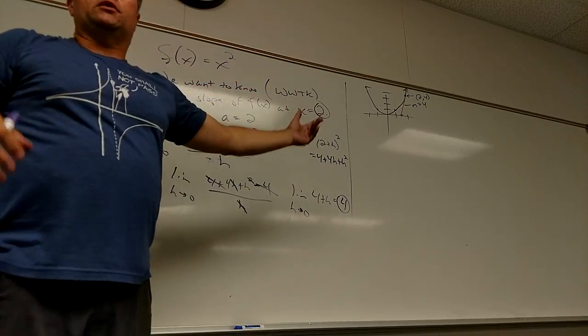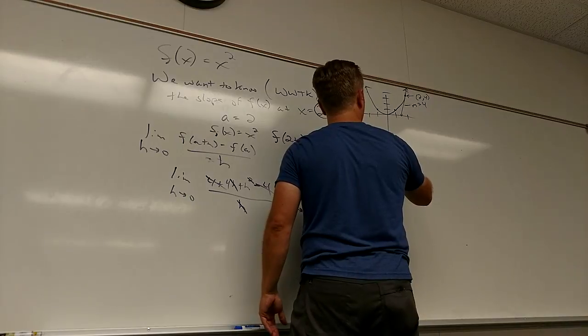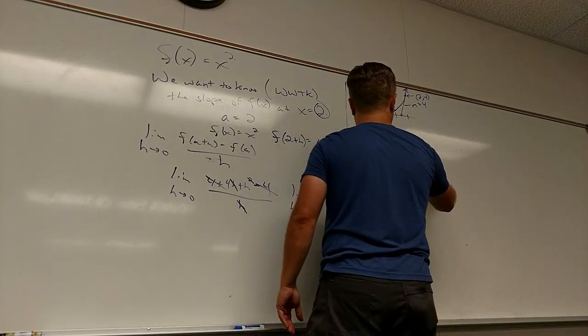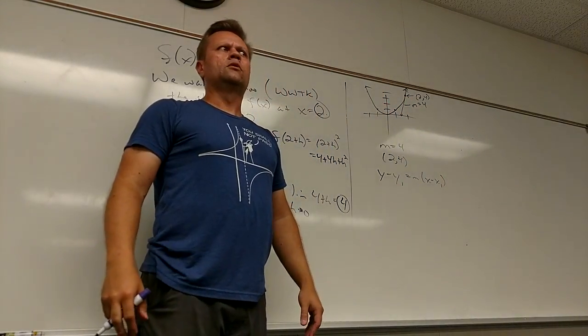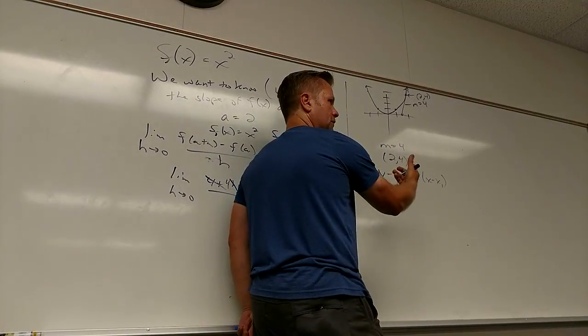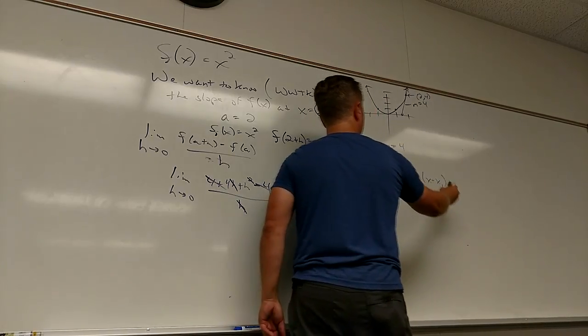So now this is algebra, right? M is 4. I've got my point 2, 4. I can use either form I want, but just to reinforce this for later, I can use that one. So this would be y minus the y piece equals 4 times x minus the x piece.